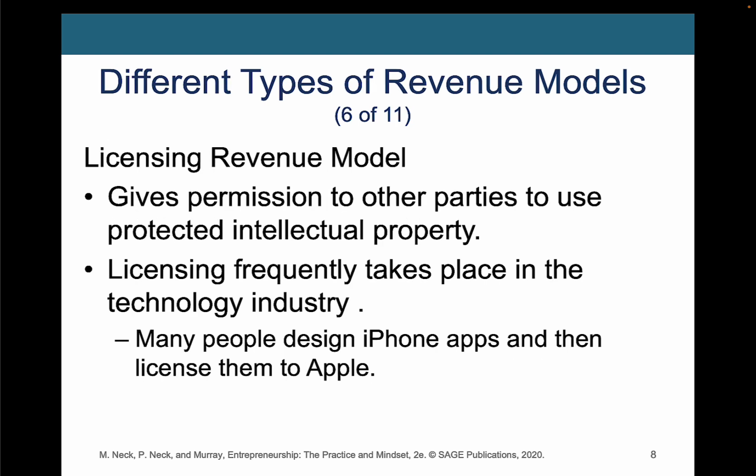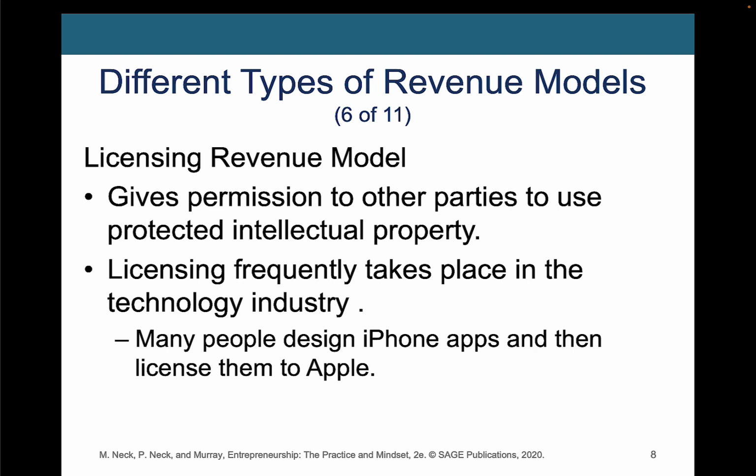So that's one. Licensing revenue model. It gives permission to other parties to use protected intellectual property. That's why companies like Disney and others are very protective of their intellectual property.